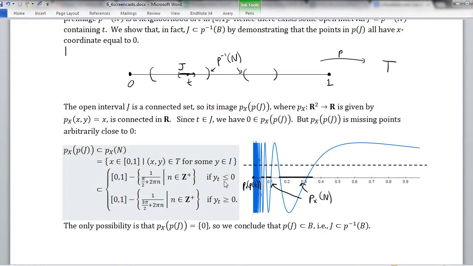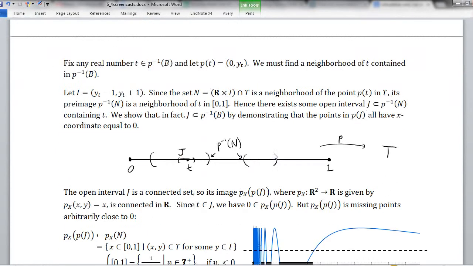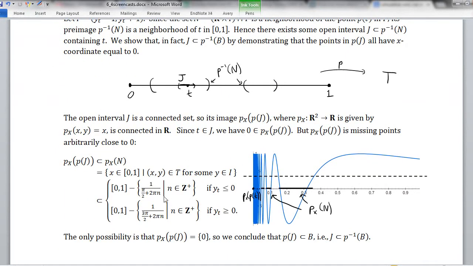In particular, if, as in the case of our picture up here, y_t is less than or equal to 0, then if you plug these values into sin(1/x), you're always going to get 1. So these are x values where the y-coordinate is 1, the points at the very top here. And those points are not in N. So p_x(N) is missing these points in that case.